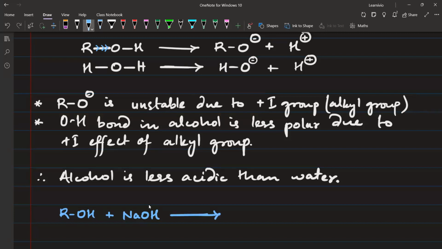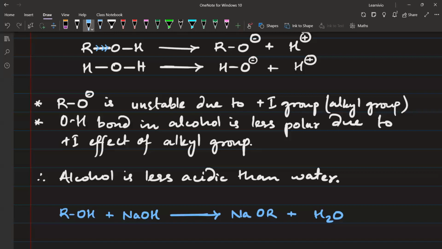What reaction should it show? Sodium alkoxide, NaOR, plus water: the acid gives hydrogen and the OH base forms H2O. But this does not happen. This reaction does not take place.